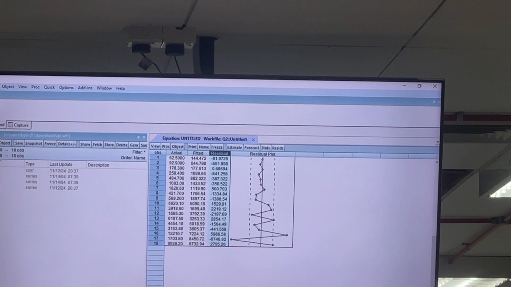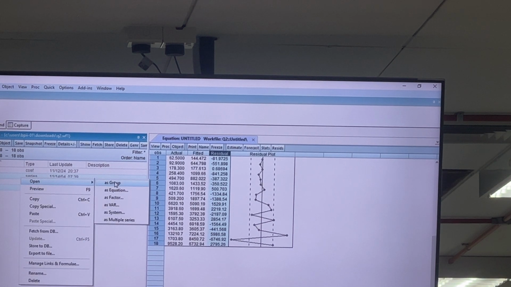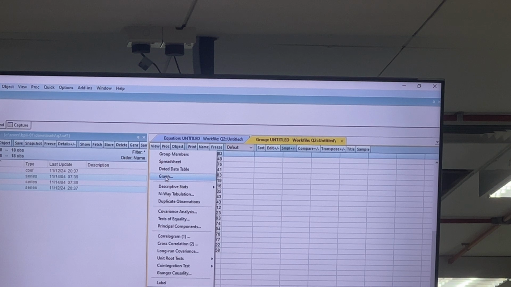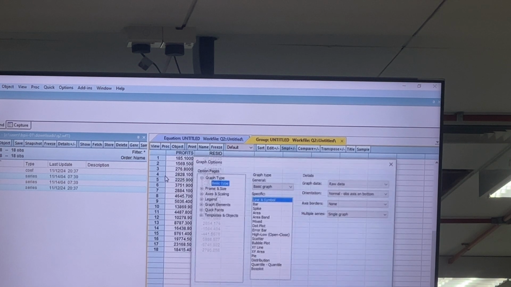So you have to click profit first, and then click the residual. You can right click, open as group. You go to View, Graph, Scatter plot.